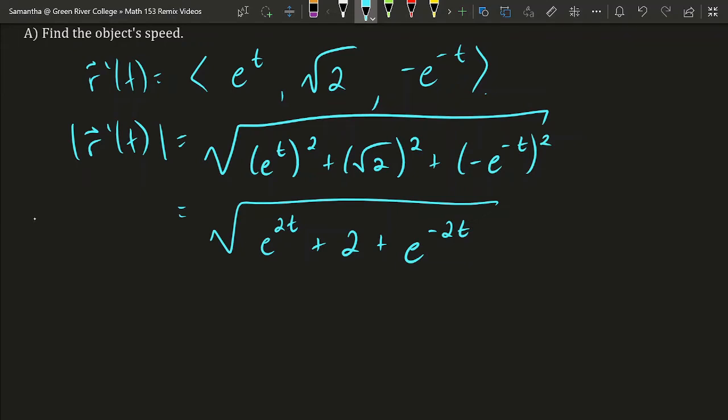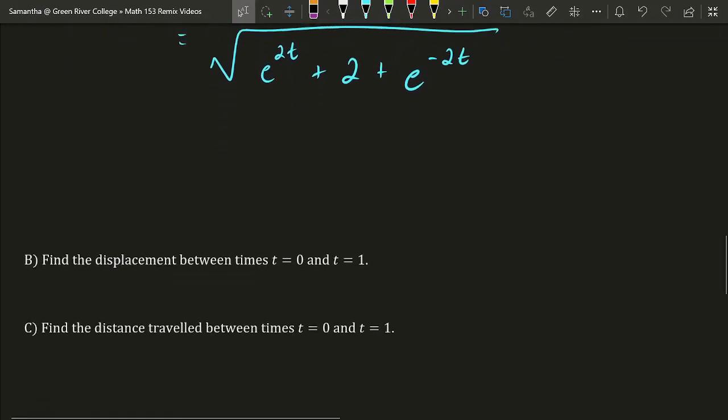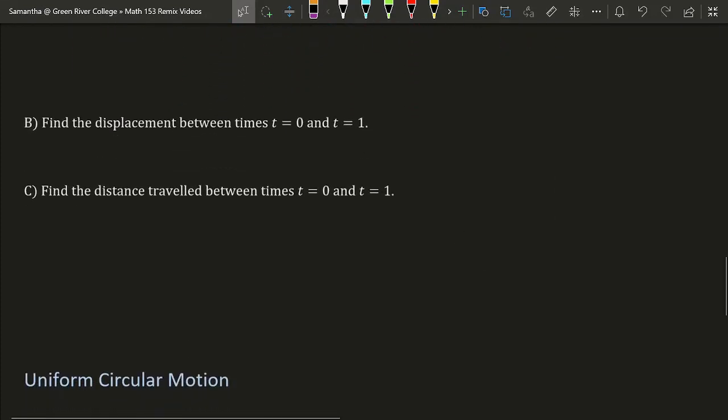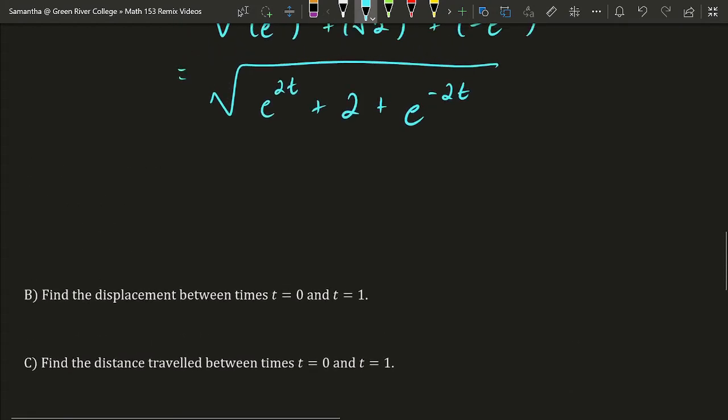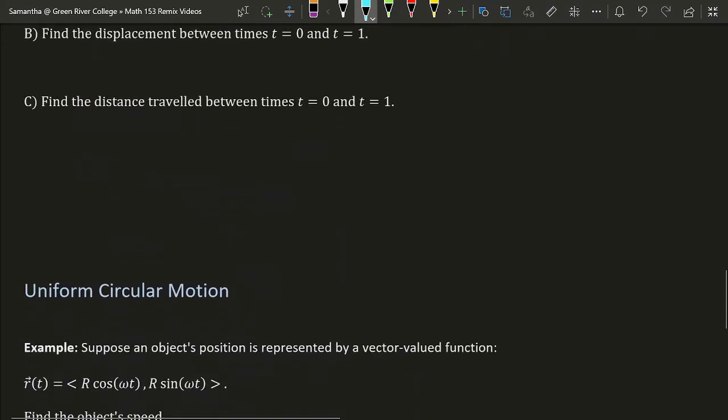Now I claim that this quantity can be simplified. I'm peeking ahead to part C. There's a reason I really want to simplify this speed function. To find the distance traveled, I'm going to need to integrate the speed function between the final time and the initial time.